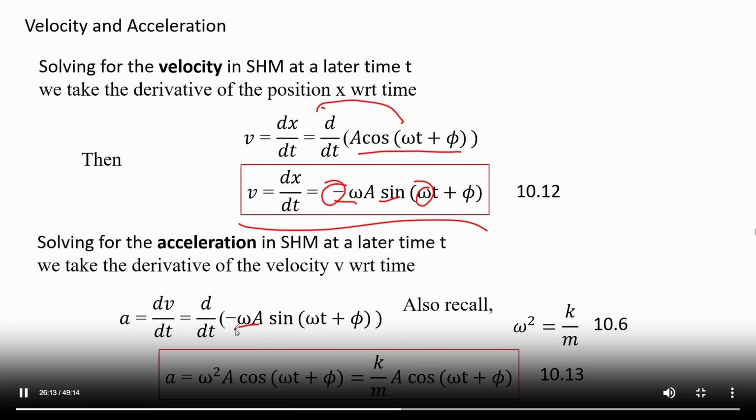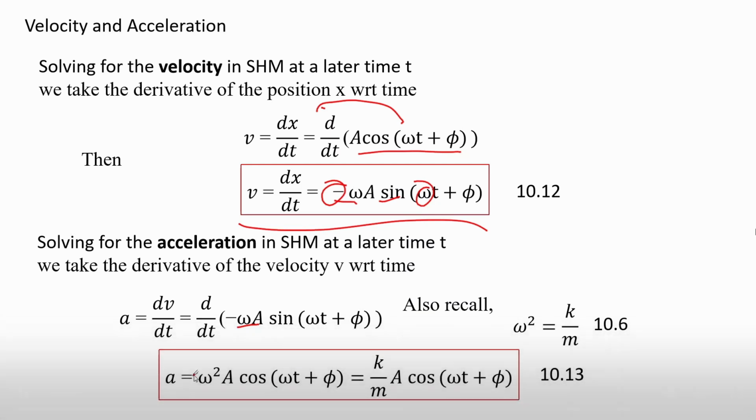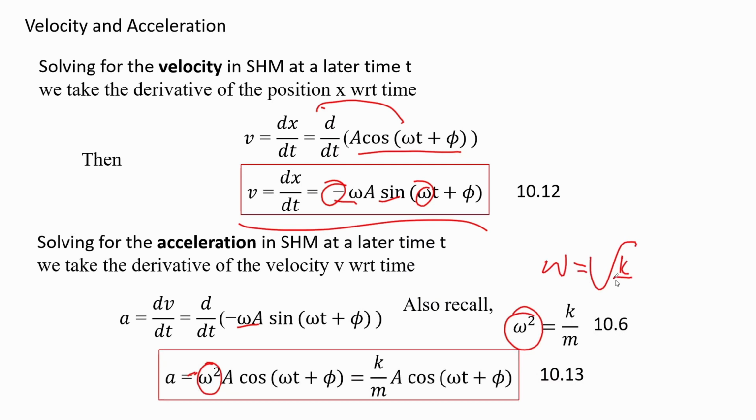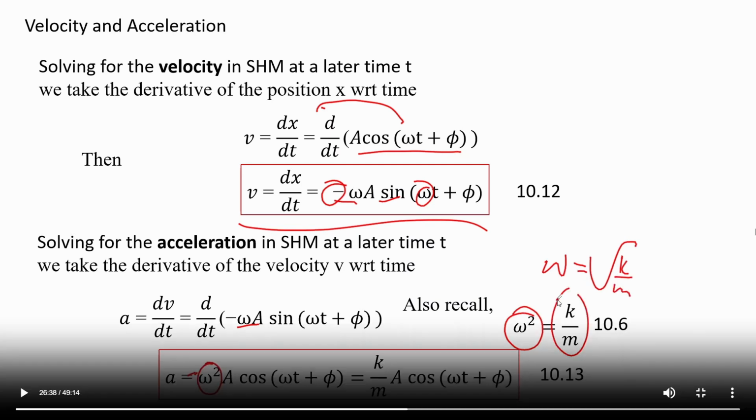Oh yeah, the derivative of a sine. I think it has a negative here. Yeah, it should be negative there. So the derivative of sine is a cosine omega t plus phi. So with x and omega, this becomes omega squared. And omega squared, if you remember, omega is the square root of k over m. So the square of that gives you this. Substituting, you can express it.